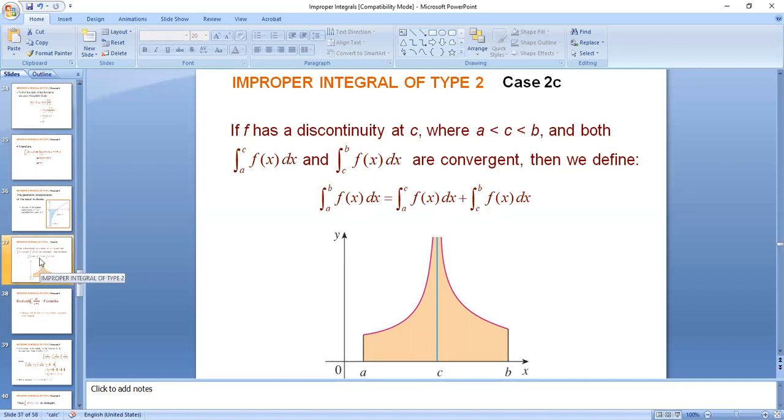So the third case under type 2 is this one. So both a and b have an infinite discontinuity. So this is what we're going to discuss after you take your break.